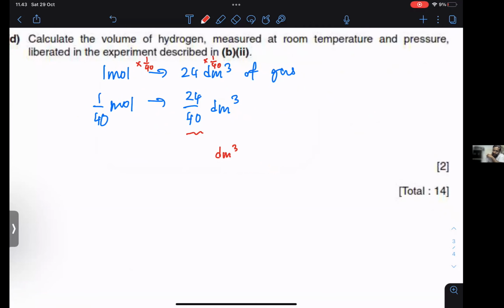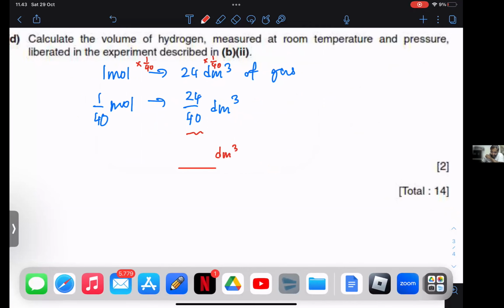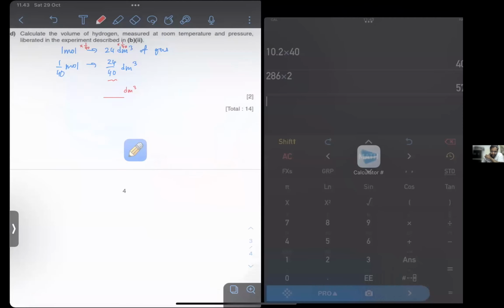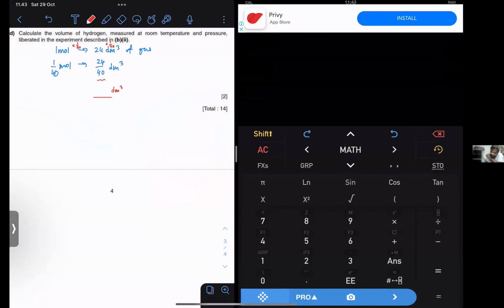But normally, don't give your answer in fractions here. Not accepted in chemistry. That's going to be 6 out of 10, which is 0.6.